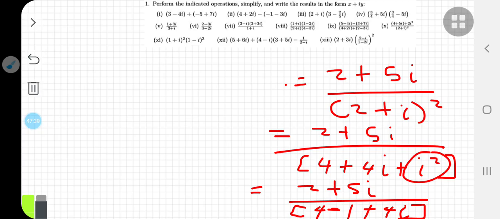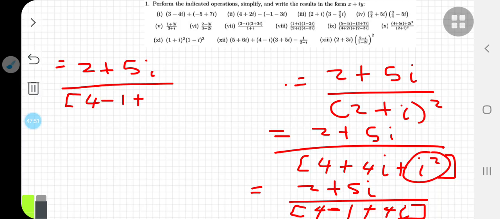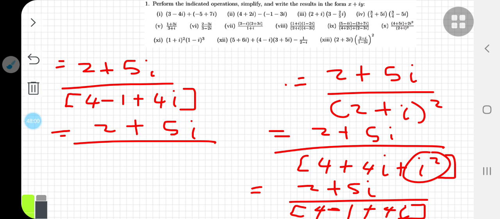So I'm having something like 2 plus 5i over 4 minus 1 plus 4i. From here, that's just 3 plus 4i.